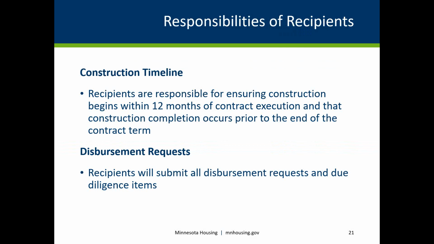Whatever the unit count is that you put in your application, we expect that those units are produced. If for some reason there's an issue with that or something needs to change, you need to reach out to me so we can discuss that. This information can all be found in Section 3 of the grant contract agreement and the deferred loan contract.